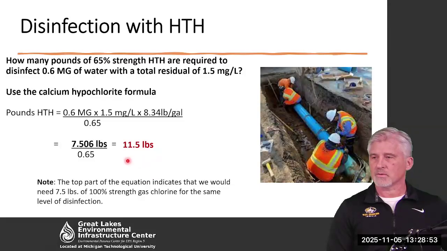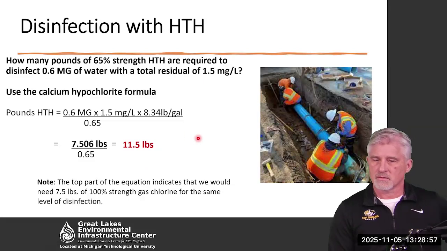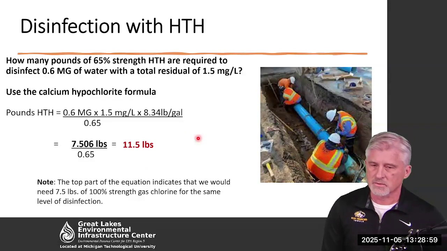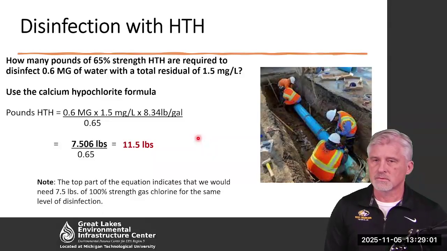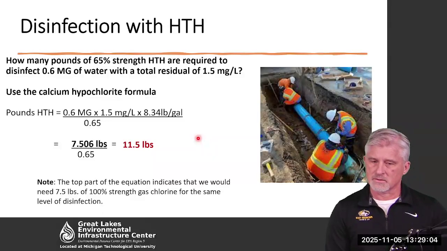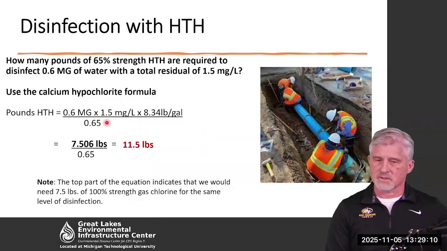We're going to weigh it out at 11.5 pounds, and we're creating a total residual of this. I'm not exactly sure what you're getting after. Maybe I'll take that up after the session.